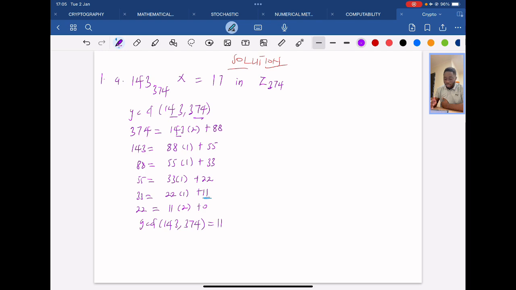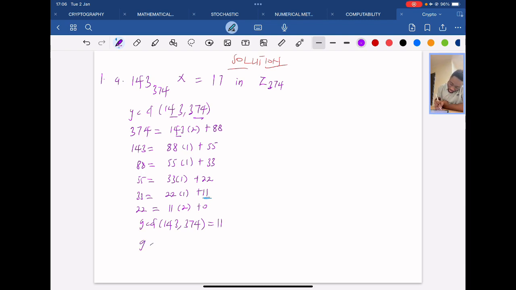Now, after getting this, if you want to see if a solution to this exists, you have to check if 11 is a divisor of 17. Since 17 is a prime number, it has only two divisors, which are 1 and 17 itself. So there is no way 11 can be a divisor of 17.